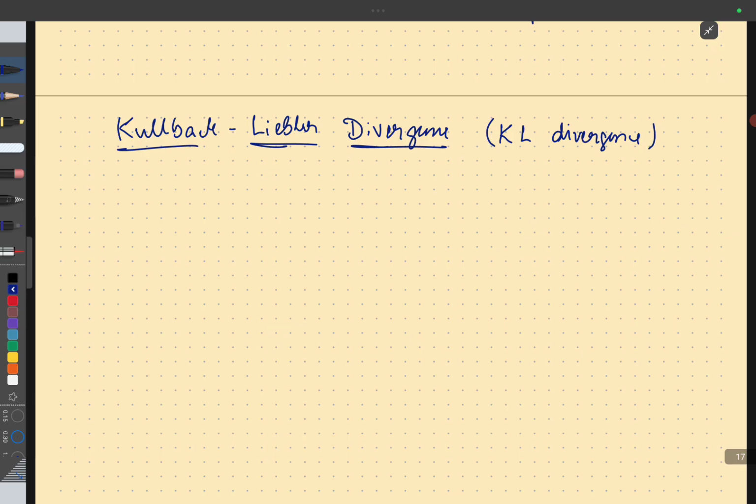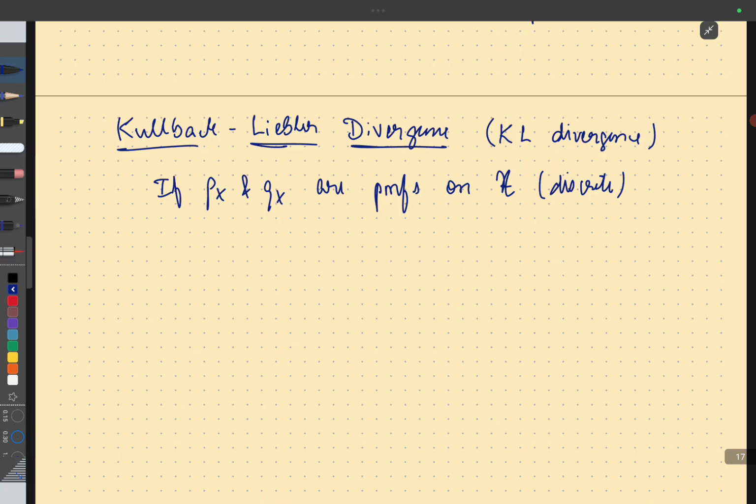So given any two distributions Px and Qx on some alphabet, finite or more generally discrete. But these are not any PMFs.